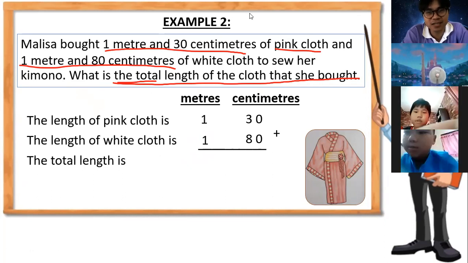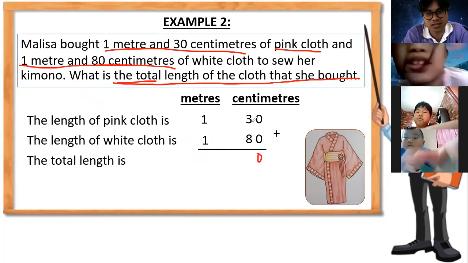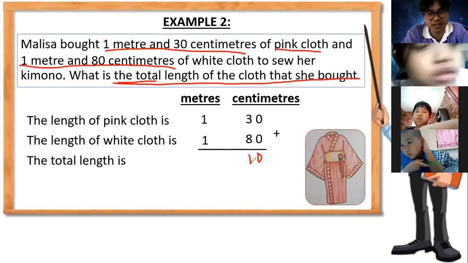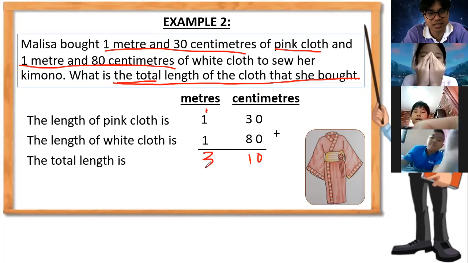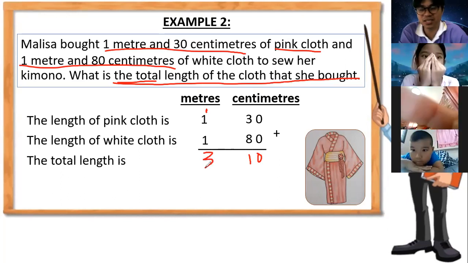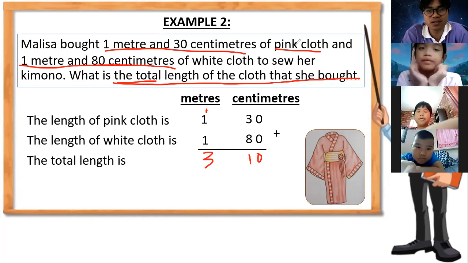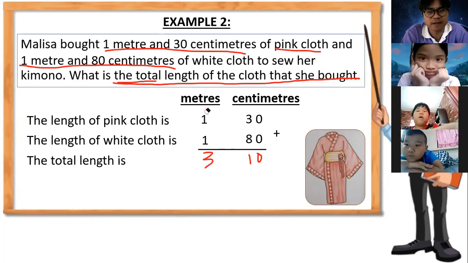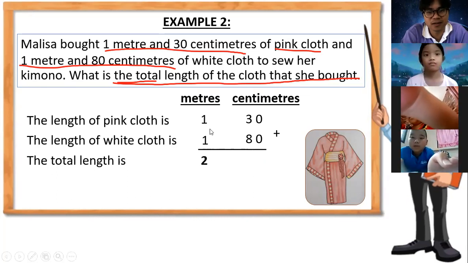Class, you can also do the addition directly here. You can write like this: 0, 11, carry 1, and 3. That is 3 meters and 10 centimeters. But you can also do it another way.